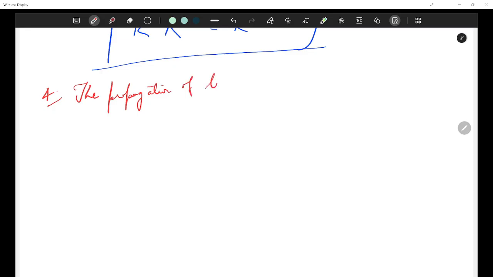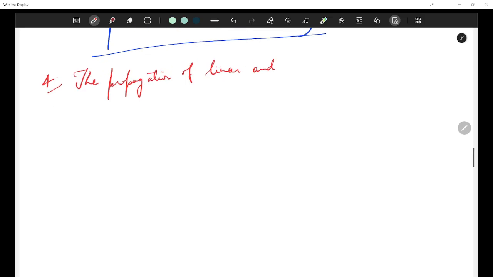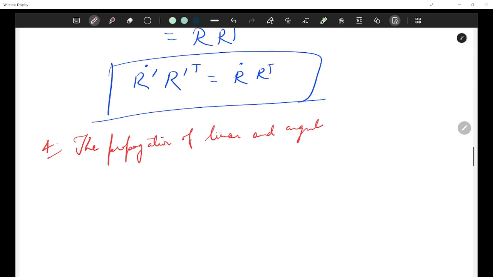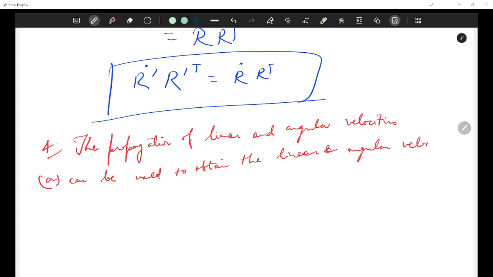The propagation of linear and angular velocities can be used to obtain the linear and angular velocities of links in a serial robot with rotary or prismatic joint.